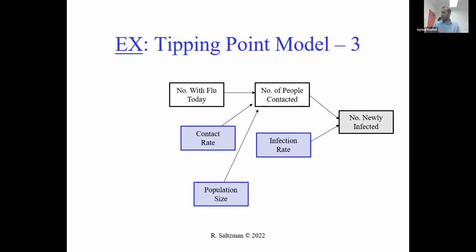The population size is also important, so that's another factor. Because it's a fixed number that doesn't change, it's an input, and we show it with a blue rectangle. You don't have to follow exactly the same rectangles, you could go with circles or whatever, but having a color standard helps if you're working with other people in a group.